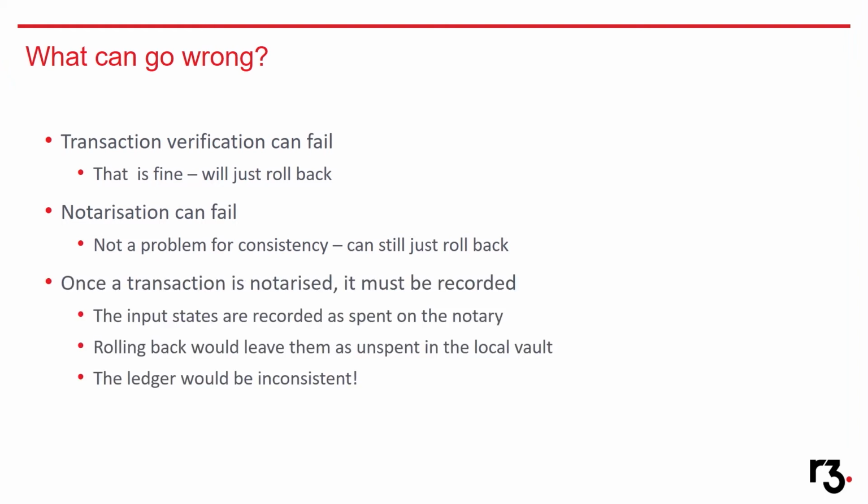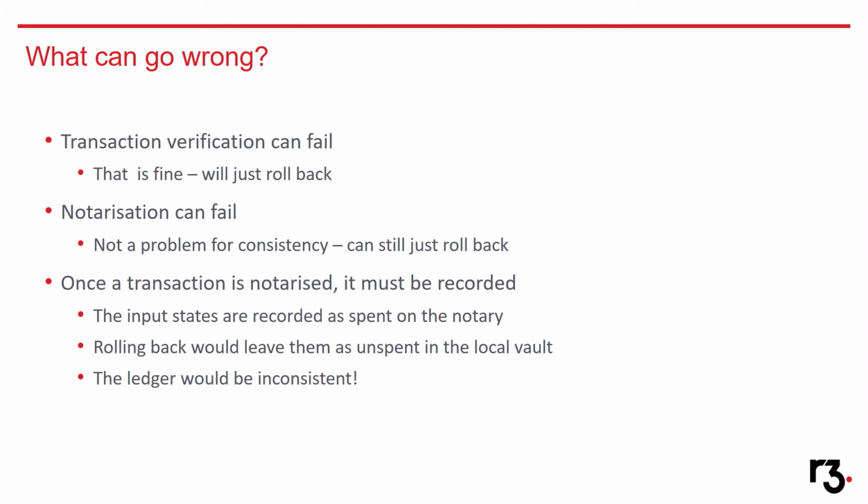However, once the transaction has been notarized, it must be recorded, because what happens otherwise is that the input states of a transaction have been stored as spent on the notary, but if we don't record that locally, in our world they're unspent, they're unconsumed. So we now have states that are unconsumed on our side, but we can't spend them because the notary thinks they're already spent, it won't notarize them.